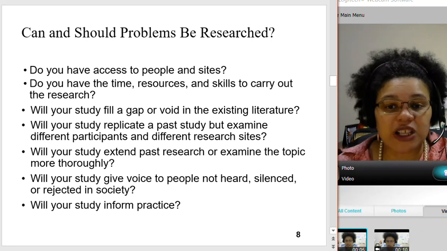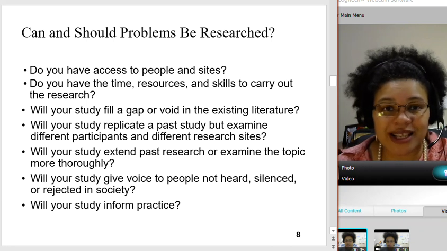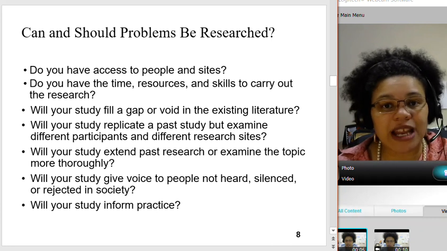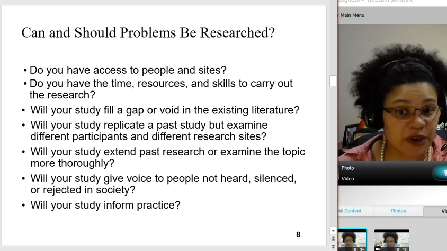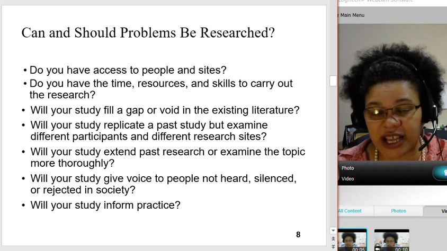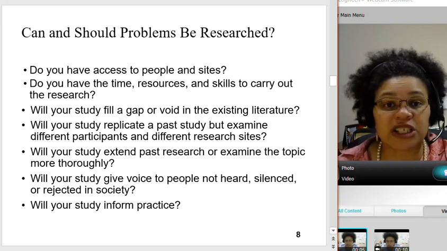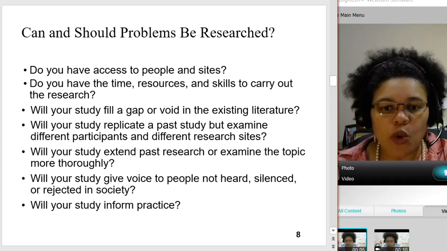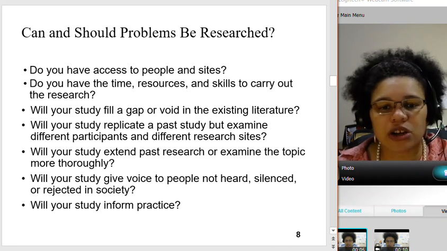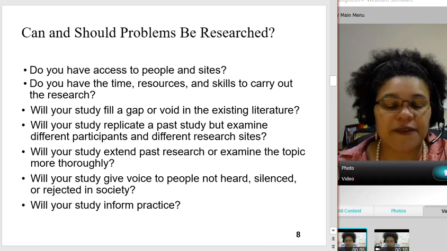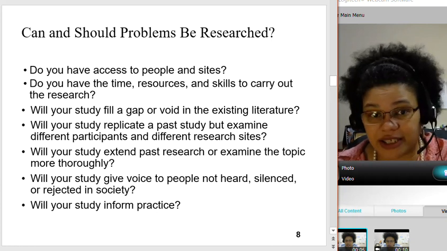Will your study fill a gap or void in the existing literature? Will your study replicate a past study but examine different participants and different research sites? Will your study extend past research or examine a particular topic more thoroughly? Will your study give voice to people not heard, silenced, or rejected in society? And finally, will your study inform practice?